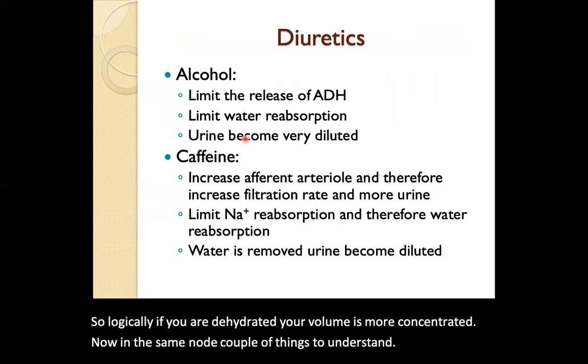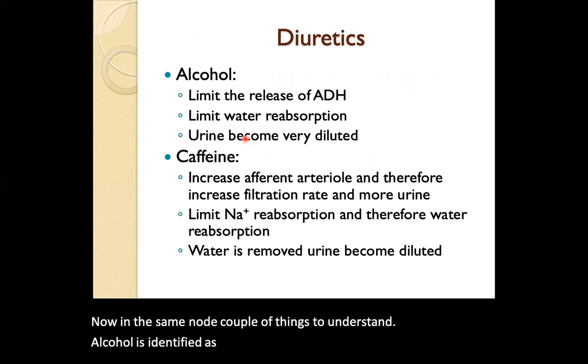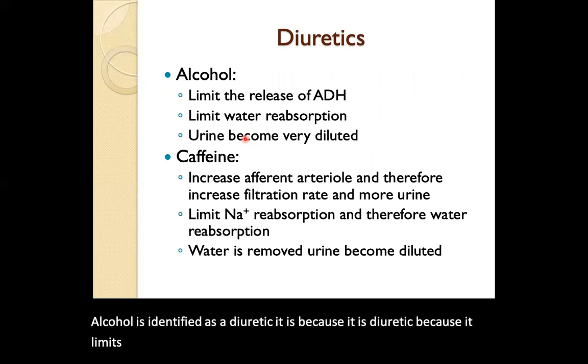Alcohol is identified as a diuretic. It is a diuretic because it limits the release of ADH. Again, ADH is your antidiuretic hormone.